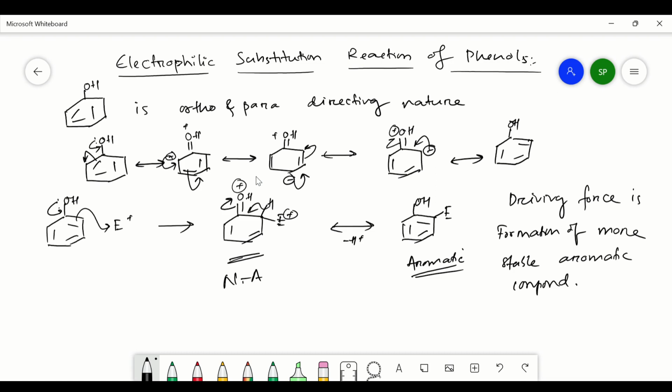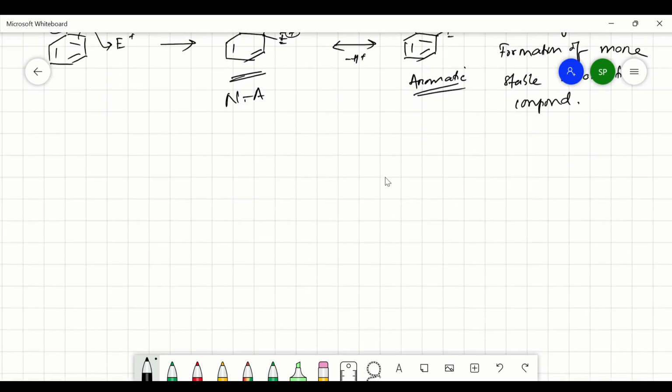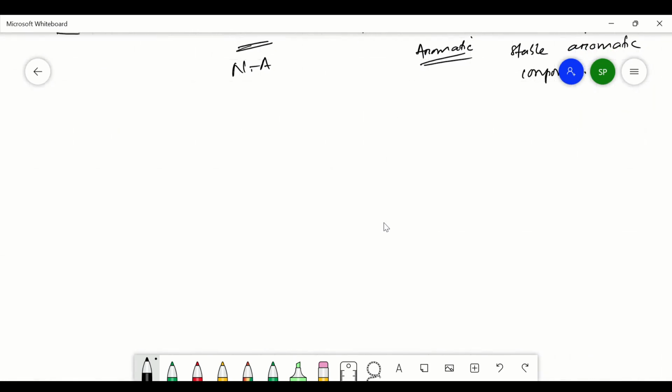Okay, and now one by one we will see different electrophilic substitutions. First we will see bromination of phenol.